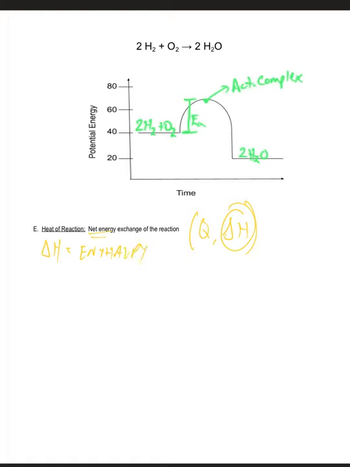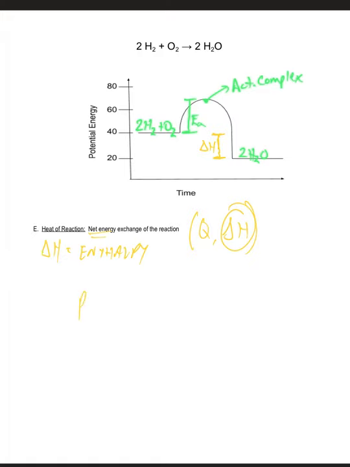And we've talked about that term before. This is the enthalpy, delta H, or heat of reaction of the particular reaction. It's how much total energy is exchanged in the reaction. And that is always going to be the distance from your products to your reactants. That is delta H, or the heat of reaction, or enthalpy of the reaction.